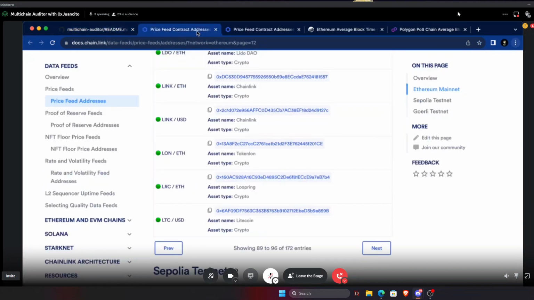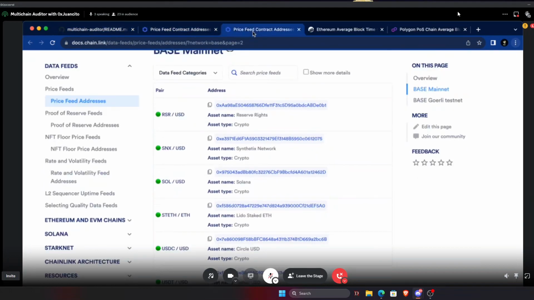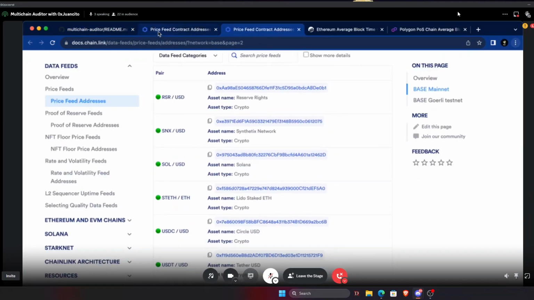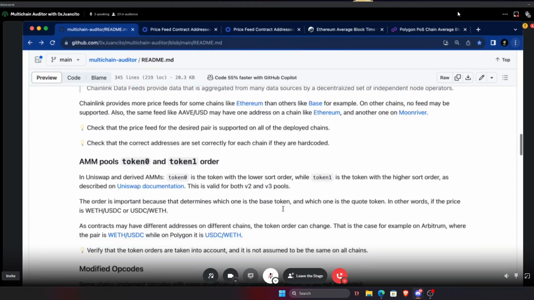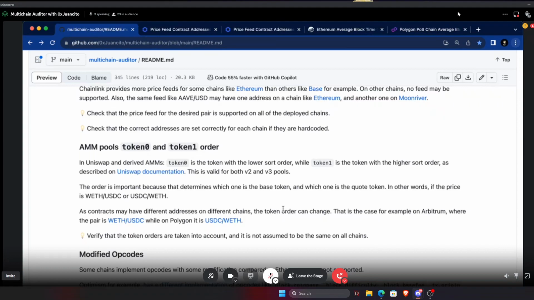We saw that on Chainlink, and we might see it on Uniswap, for example, or another AMM, that you might have some pair that's available on Binance Smart Chain, but it's not available on Optimism, or they might have different addresses.